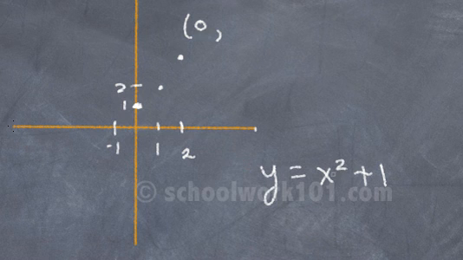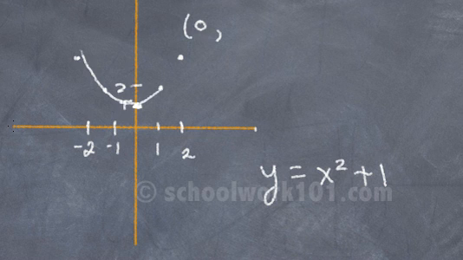So negative 1 and negative 1 squared is 1, and 1 plus 1 is 2. And negative 2 squared is 4. 4 plus 1 is 5. So there's going to be some symmetry in this particular graph here, and it's going to do something like this.